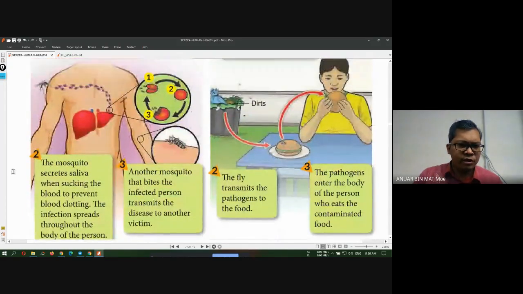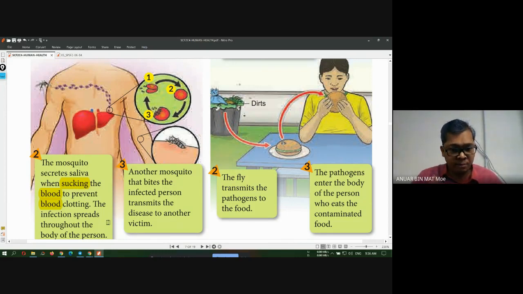Number two, the mosquito secretes saliva when sucking the blood to prevent blood clotting. The infection spreads through the body of the person because the mosquito bites us, and when the mosquito tries to suck blood from the skin, the pathogen is transmitted from the saliva of the mosquito into our body through the blood vessels or blood capillaries.